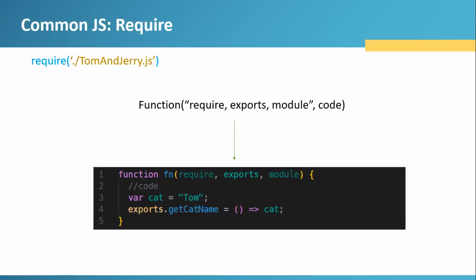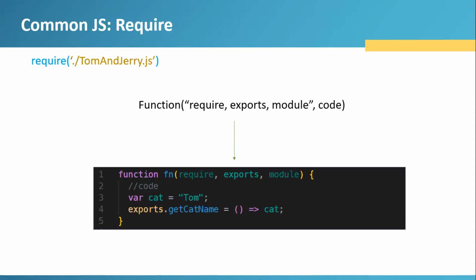What function constructor does is it creates a function, as you see in the lower screenshot, function fn. It takes the parameters as written in the first argument, and then makes the code part of the function constructor the function definition. So that's how function constructor works.